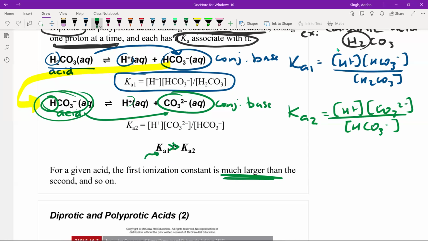This Ka value here usually is much larger than the Ka value for the second. This tends to be much smaller. But the point here is, if there's more than 1 proton that can be ionized, it does so in a stepwise process.